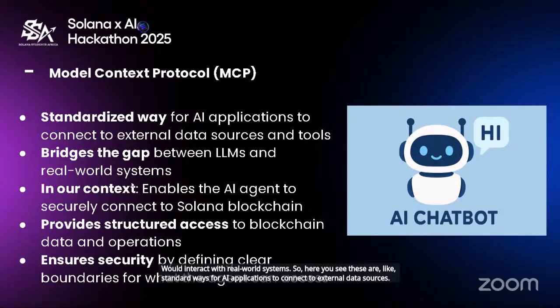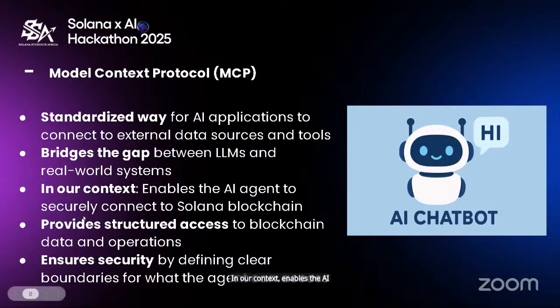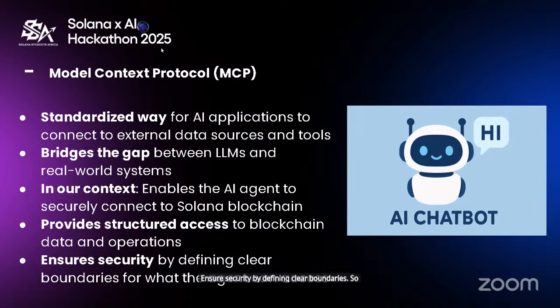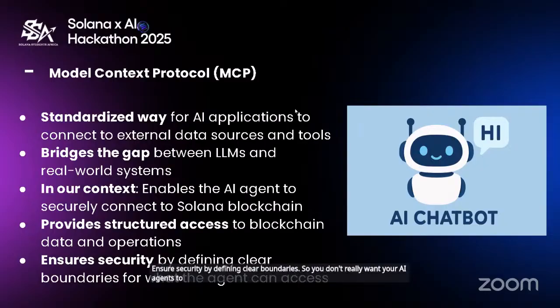In our context, it enables the AI agent to securely connect to the Solana blockchain, provide structured access to the blockchain, and ensure security by defining clear boundaries. You don't want your AI agents to send money to random addresses or do what they're not told to do.